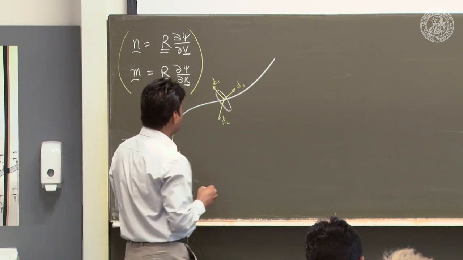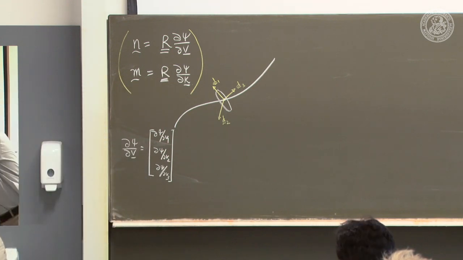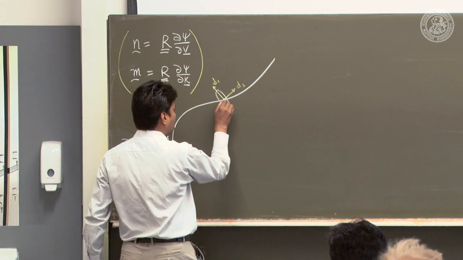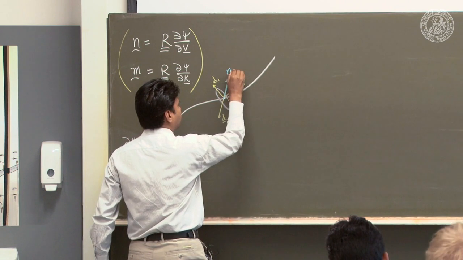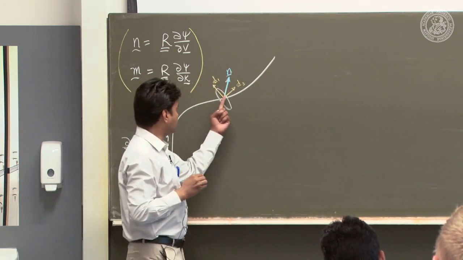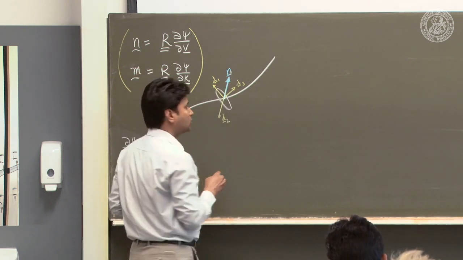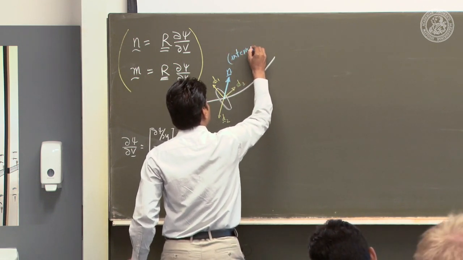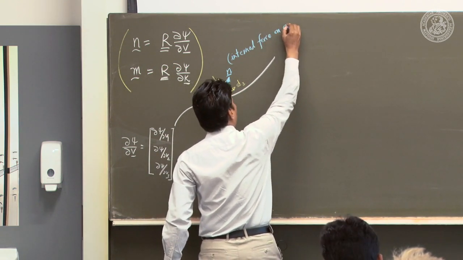So if you want to understand that, let's suppose we have the force vector n acting here in some arbitrary direction, the vector n, the contact force, internal force on a cross section.